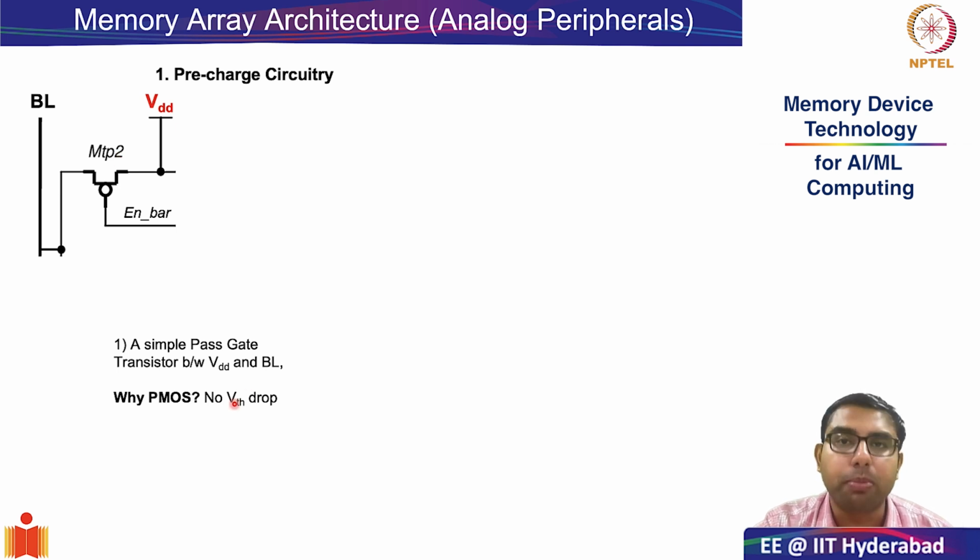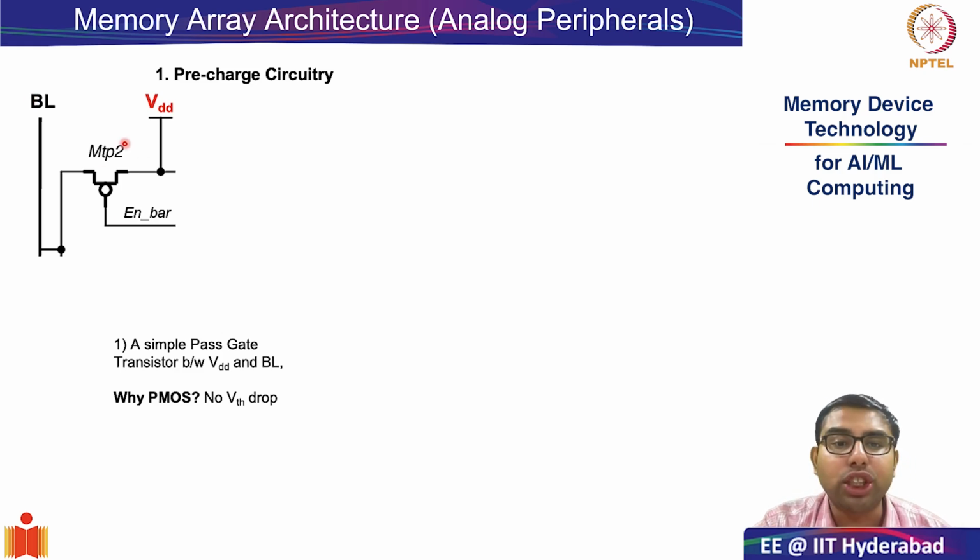The answer is very simple. If we had an NMOS in this case instead of a PMOS, there would be a VTH drop across the NMOS when it was turned on. So if VDD was the voltage at one end, the bit line would have only pre-charged to VDD minus VTH.